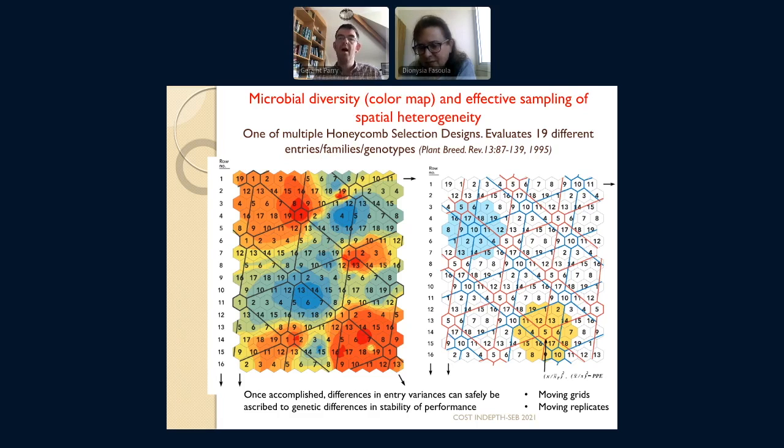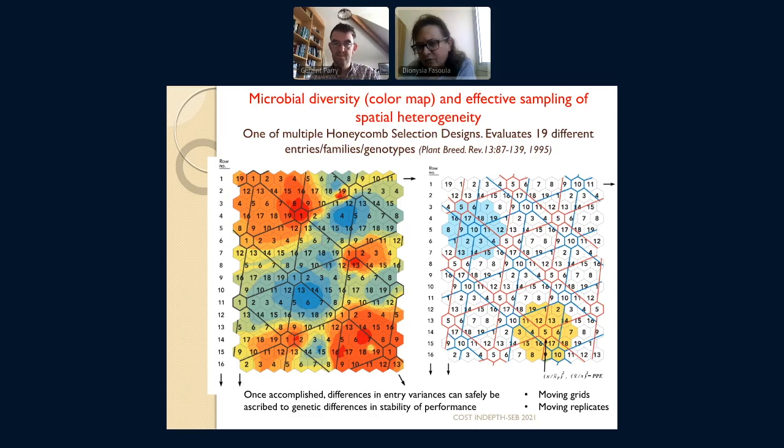But here the same genotype is positioned in another spot of the field where another microbial species is dominant. And here is yet a totally different situation where the same genotype is positioned in a completely different field spot.